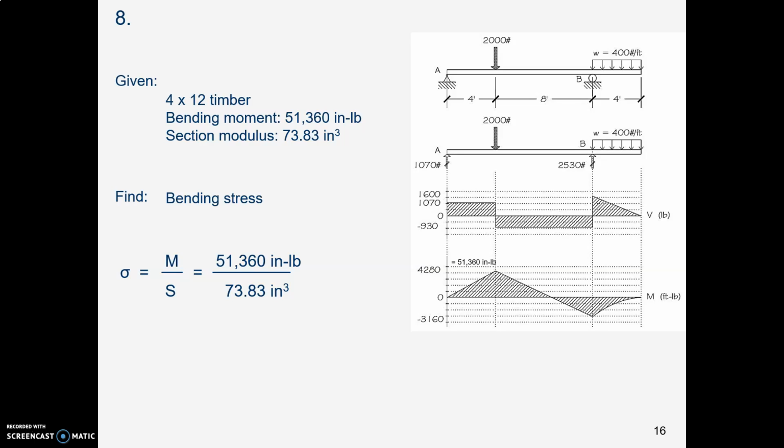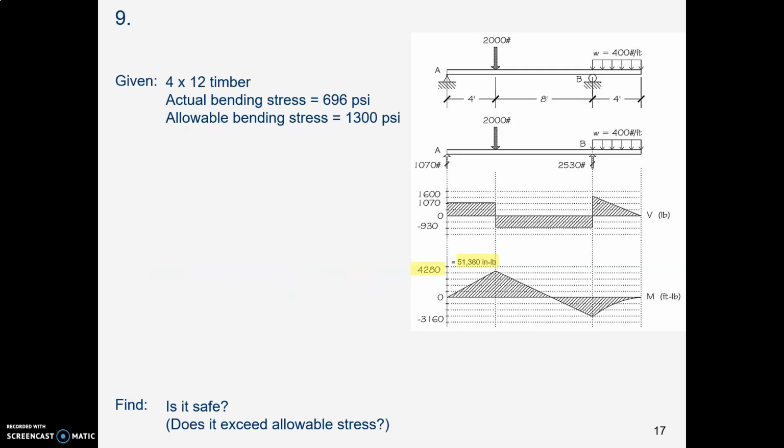Let's do our unit analysis and we'll discover, oh surprise, we're left with pounds per square inch, PSI, which is the units for stress. Alrighty. And we come up with about 696 PSI as our bending stress.